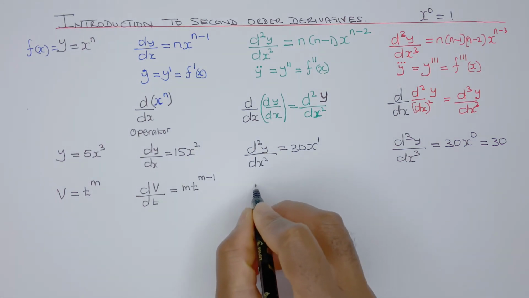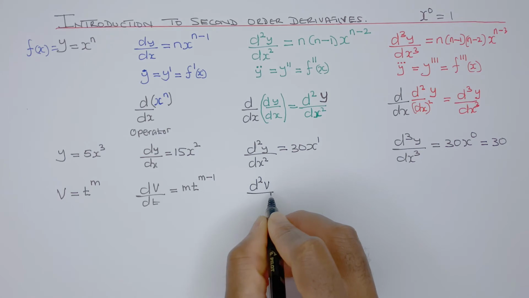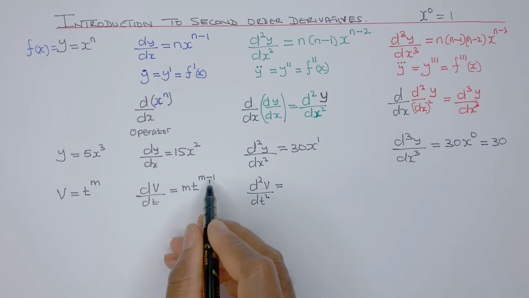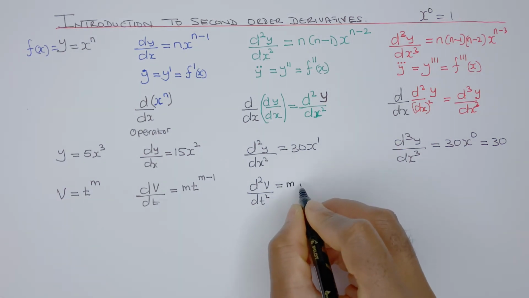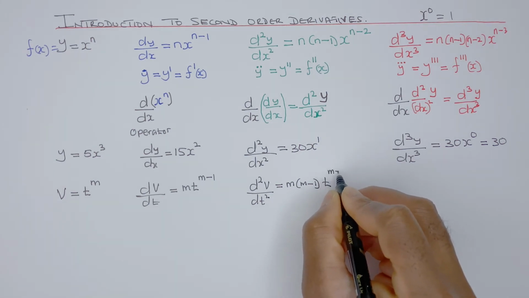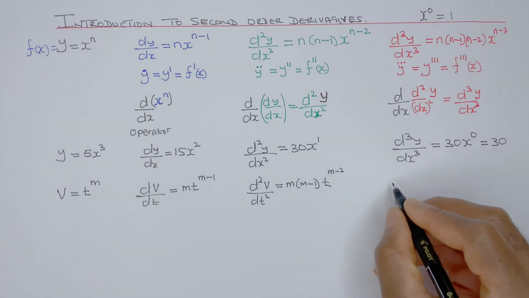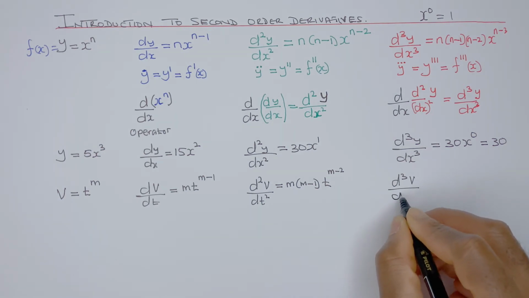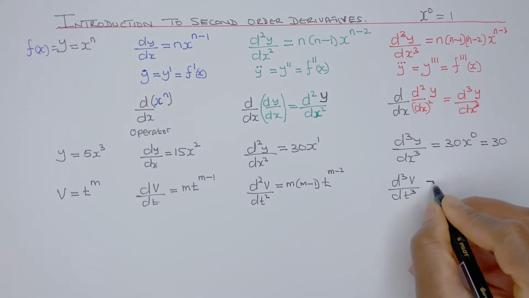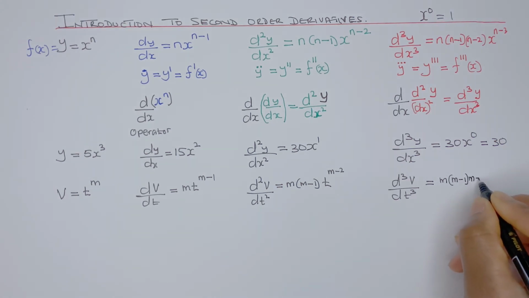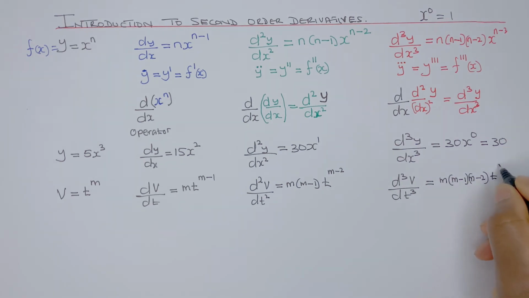The second derivative, d squared v over dt squared, will be equal to, well, just bring m minus 1 down, so that will be m into m minus 1, t to the power m minus 2. What about the third derivative? d cubed v over dt cubed will be m into bracket m minus 1, m minus 2, t to the power m minus 3.